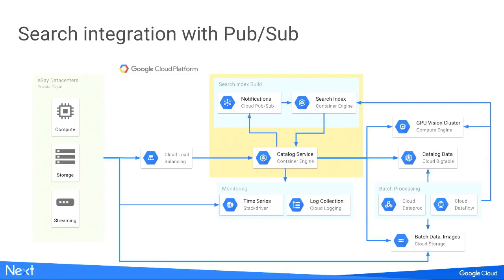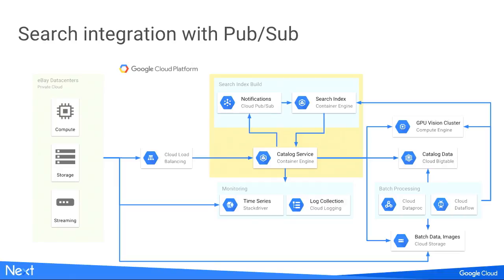So search index build consumes these messages from the pub/sub topic, and based on what changed about listings, it decides what it needs to fetch from the catalog service. It usually needs to fetch more than just the data sets that changed, because indexing involves pretty complex operations that require knowing a lot about a listing.